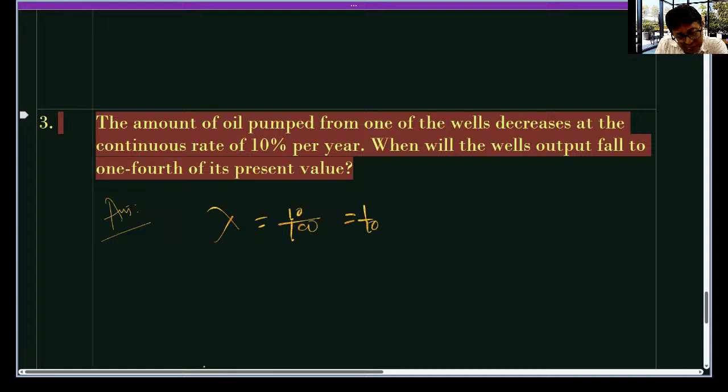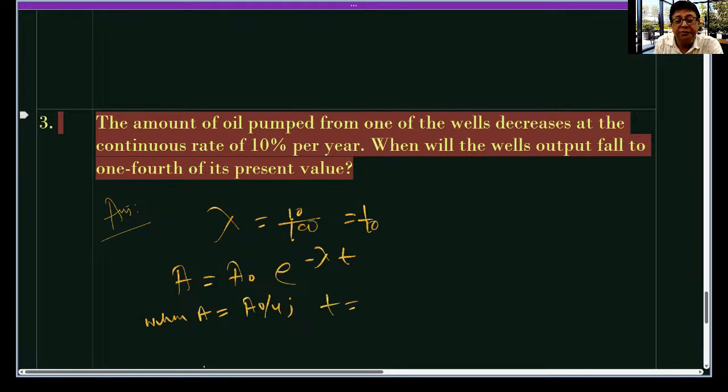You write amount as A, initial amount as A0, and this is e to the power minus λt. Hope you agree, because it is a decaying problem, so decay will be in accordance with this. Now, given: when A equals A0 by 4, t we don't know, λ we know. We have to find the value of t.